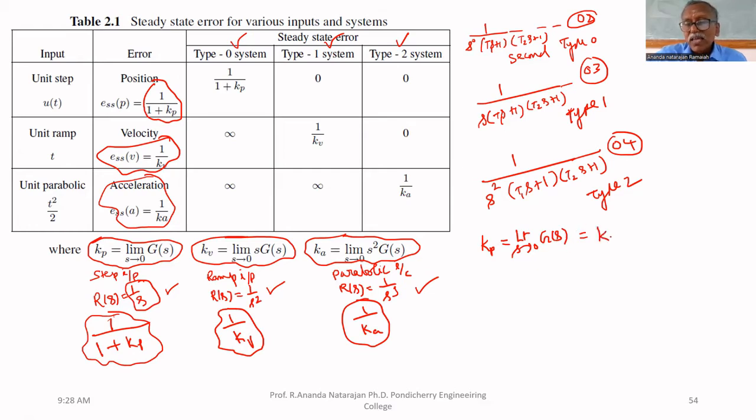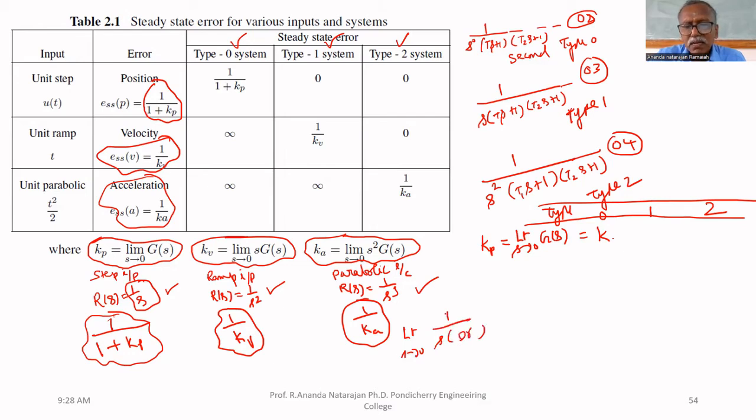If it is type 0 system, it is equal to K. We have type 0 system, type 1 system, type 2 system, by type number. For type 0, Kp equal to K. If it is type 1 system, one S will be in the denominator, so you will get infinity, because limit S tends to 0, 1 upon S, something in the numerator and denominator becomes constant, but as S becomes 0, you will get infinity.